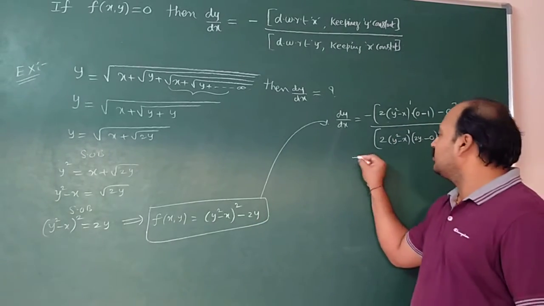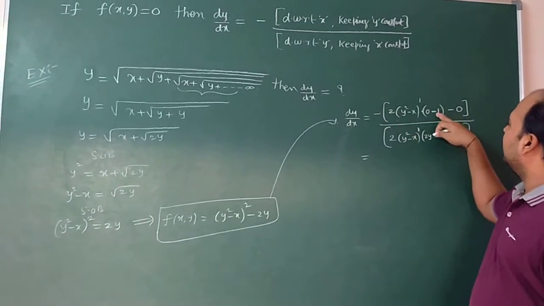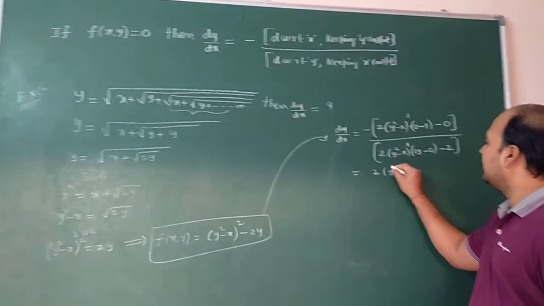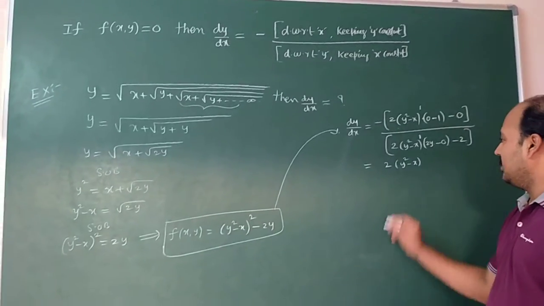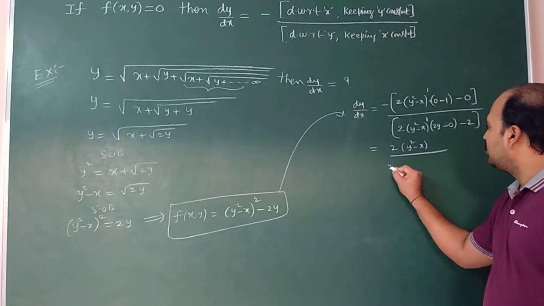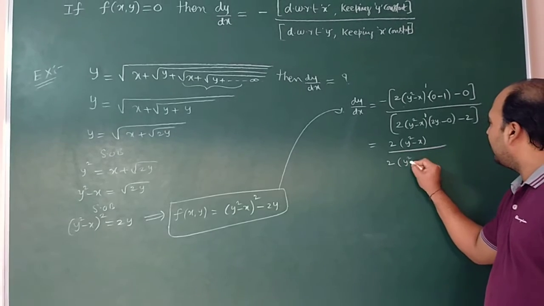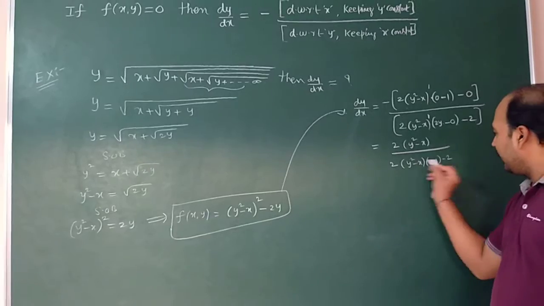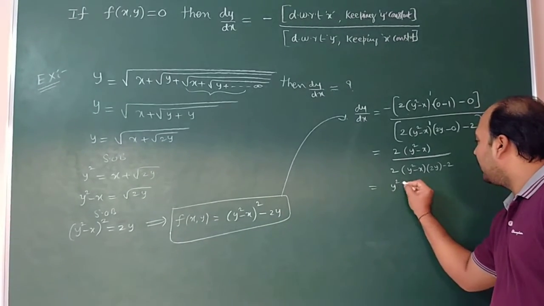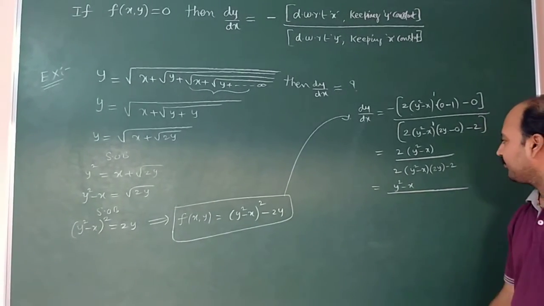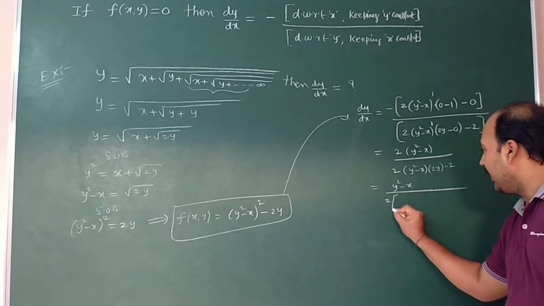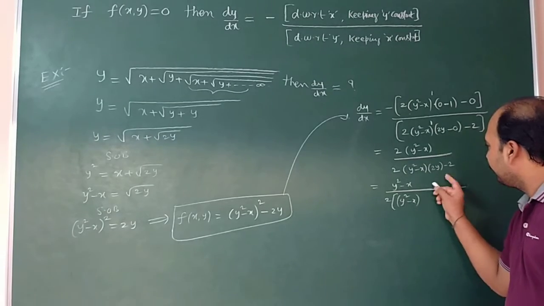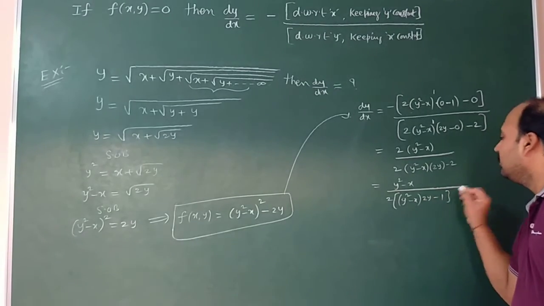Now simply we have to simplify. Here minus 1, here minus is there, minus into minus plus. So 2 into (y square minus x) divided by 2 into (y square minus x) into 2y minus 2. 2 take common and cancel. (y square minus x) divided by, 2 take common, (y square minus x) into (2y minus 1).